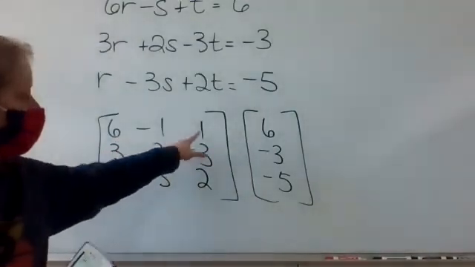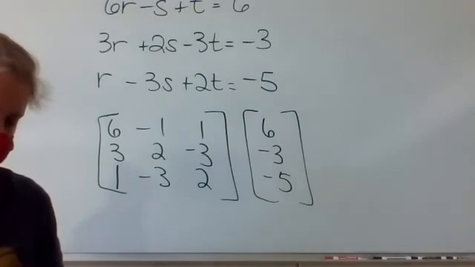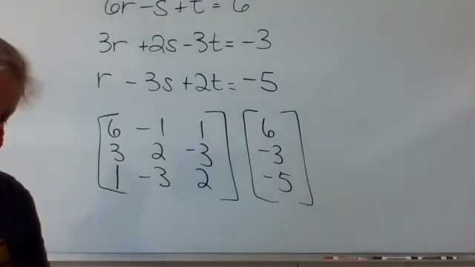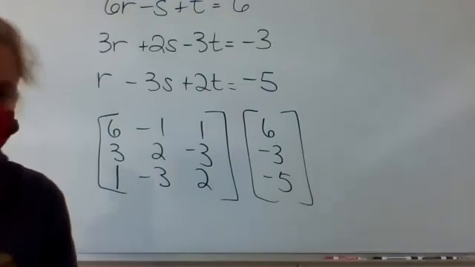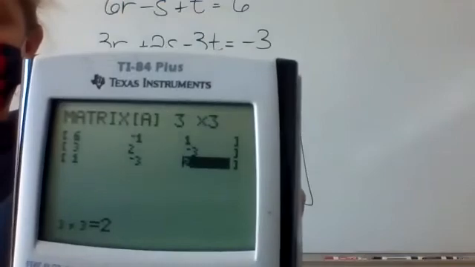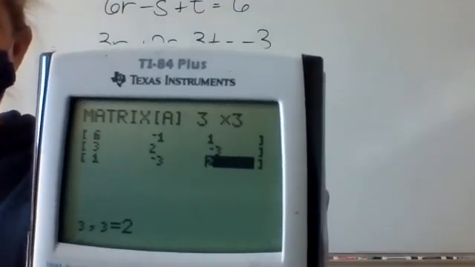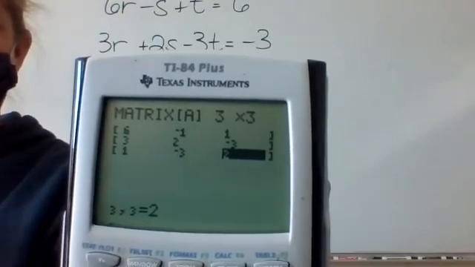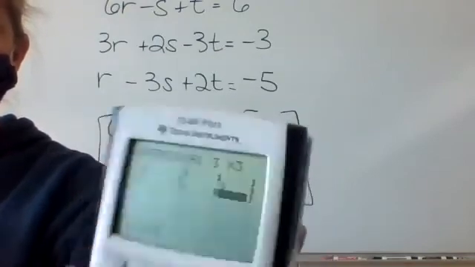So 6, -1, 1. 3, 2, -3. And 1, -3, 2. So make sure they match. 6, -1, 1, 3, 2, -3, 1, -3, 2.